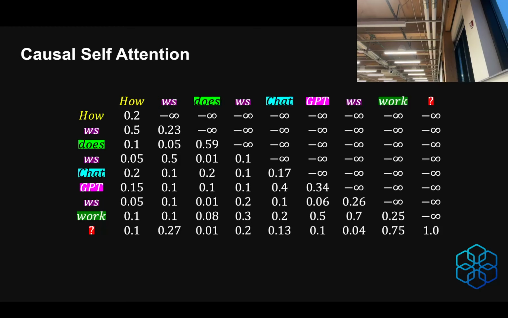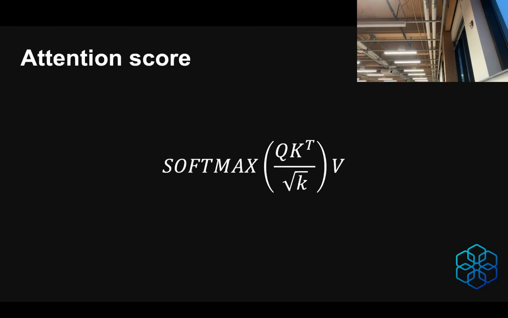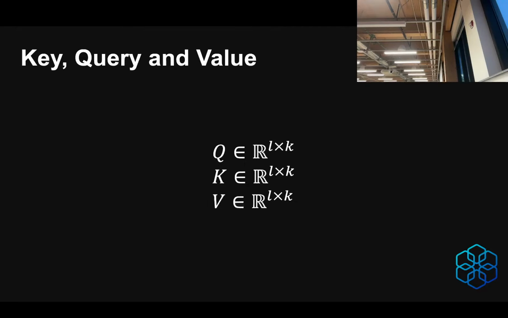But why negative infinity? Why are we using negative infinity here to ensure that there's no future bias? If we go back, we're using softmax, right, in our attention score matrix.